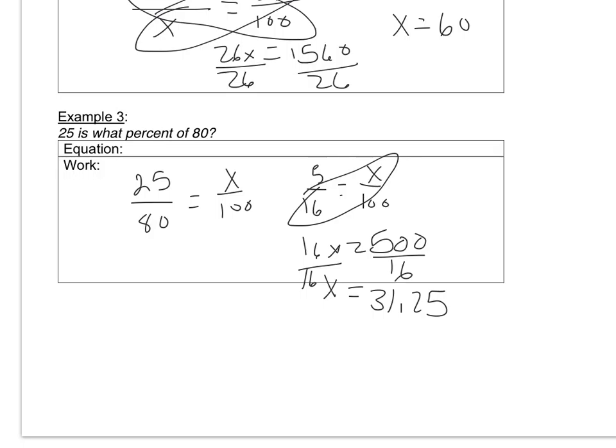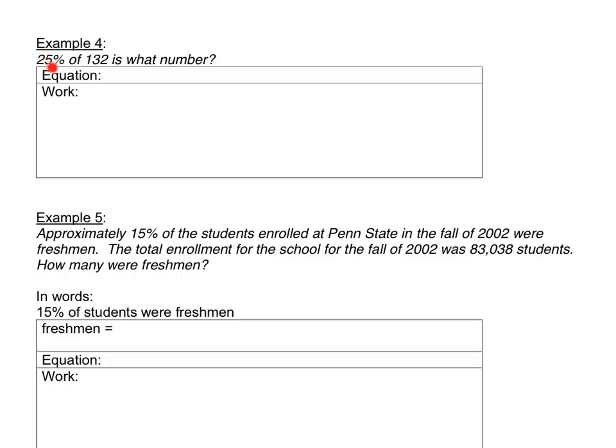Let's look at some more. So this one says 25% of 132 is what number? So that means the is missing. Now, for the equation, I would just do this: x over 132 equals 25 over 100.